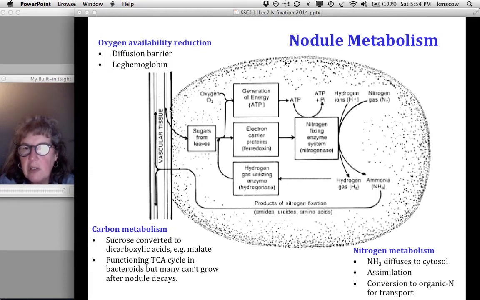The plant root's going to supply sugars that are fixed, often in the form of malate, that will then go and generate ATP. And there's oxygen around in this portion of the nodule to help with really rapid conversion of that sugar into ATP. There's also going to be electron carriers that are going to be loaded up with electrons as well, coming out of that reaction.